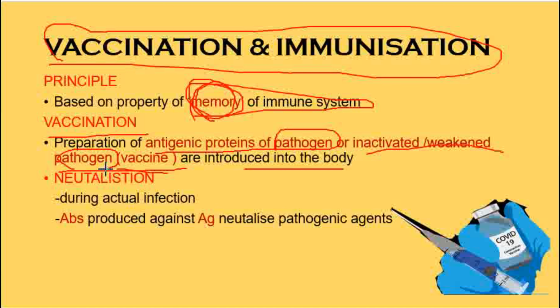Examples are the Covaxin and Covishield vaccines against the coronavirus. This vaccination produces a neutralization effect during an actual infection. Take the example of a coronavirus vaccine like Covishield, which we all got.